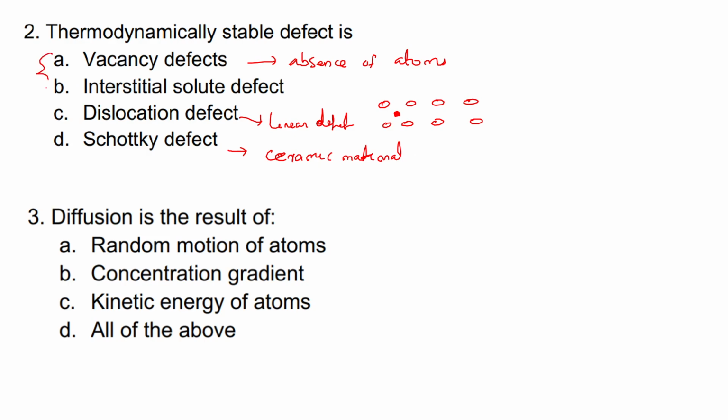These two: vacancy and interstitial are zero-dimensional defects. You will get an interstitial solute defect when you do doping or something. So these are just the ideas of these.